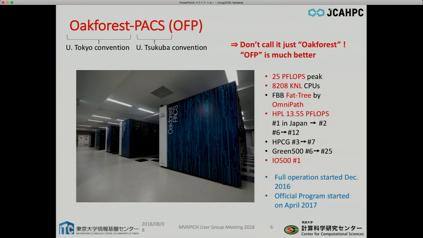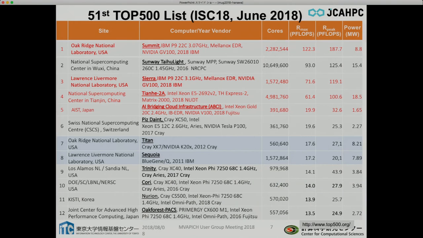Last year the IO500 benchmark started, and this system is currently the number 1 system in the IO500. In this system, full operation started in December 2016, and the official program started in April 2017.